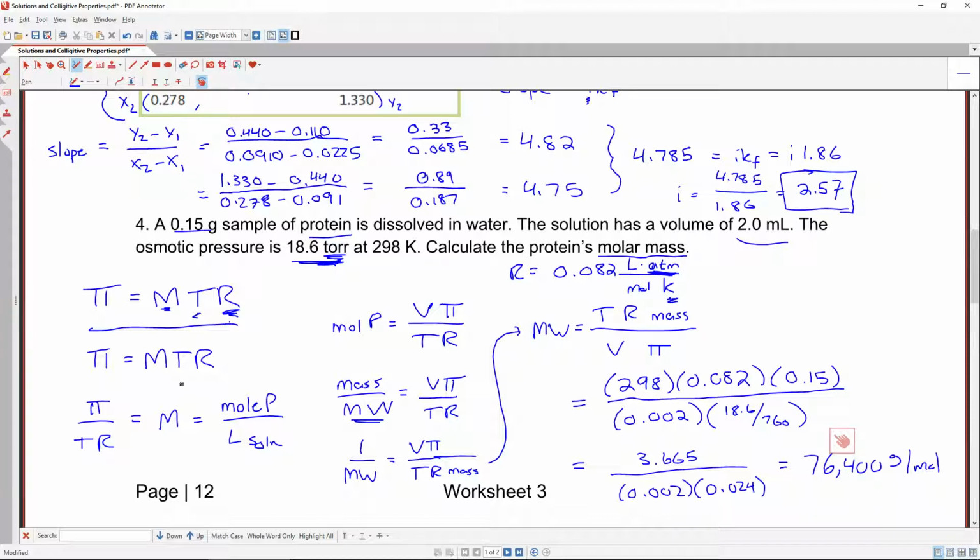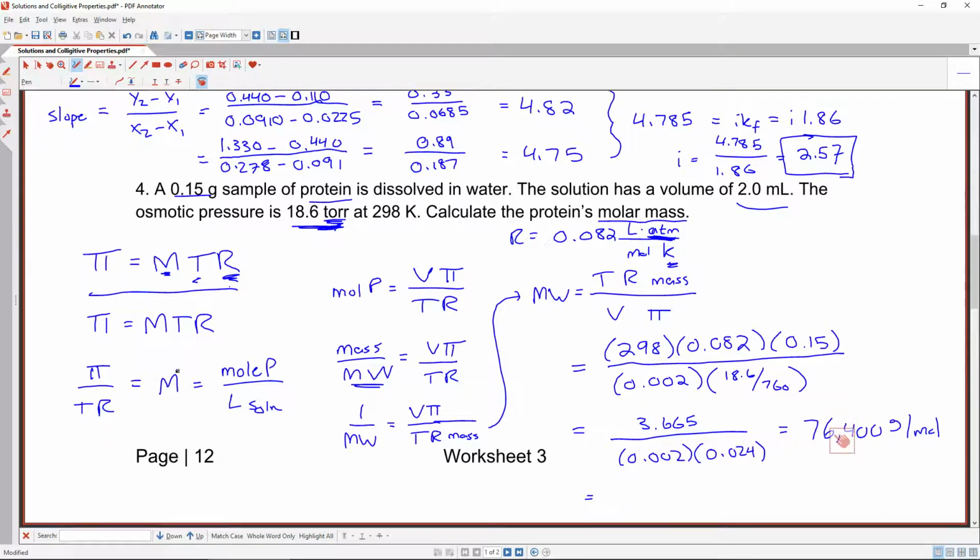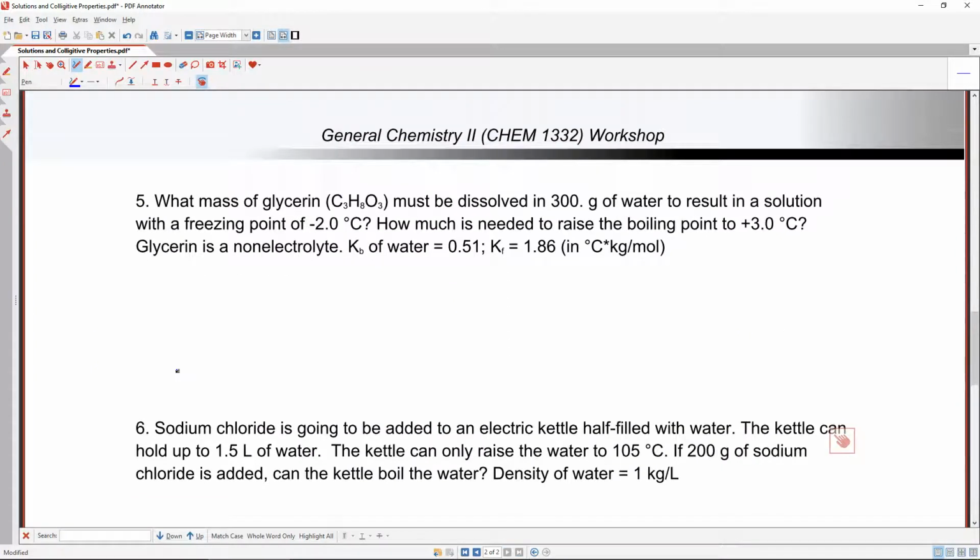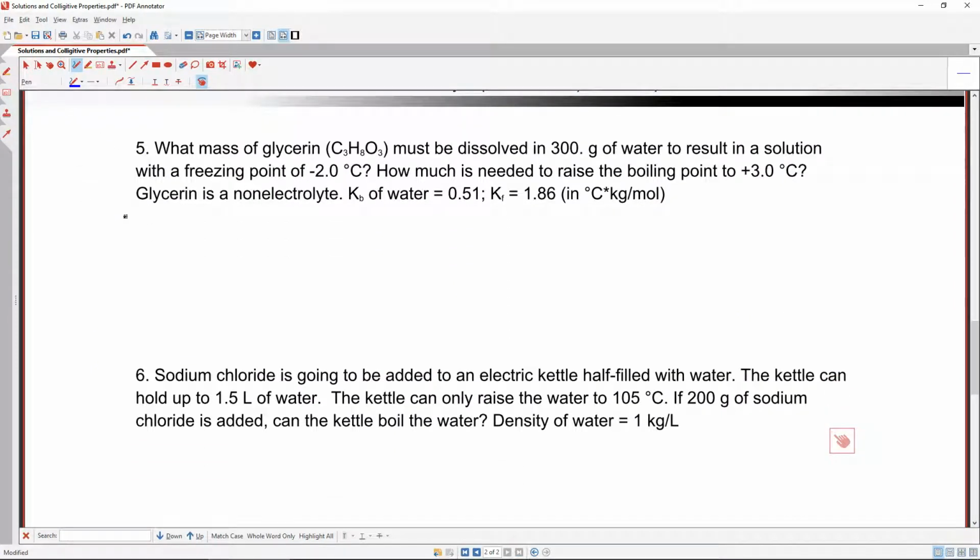Cool. Alrighty. So let's keep on scrolling down. Okay, so it says what mass of glycerin must be dissolved in 300 grams of water to result in a solution with a freezing point of -2.0 degrees Celsius?